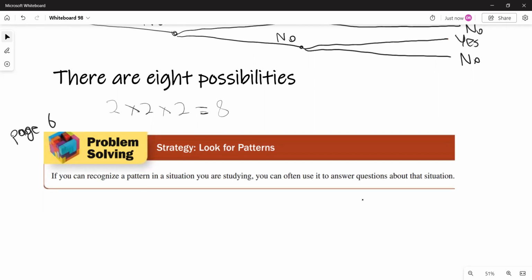So a lot of math is about patterns. And if you can recognize a pattern in a situation you're studying, you can often use it to answer questions about the situation.